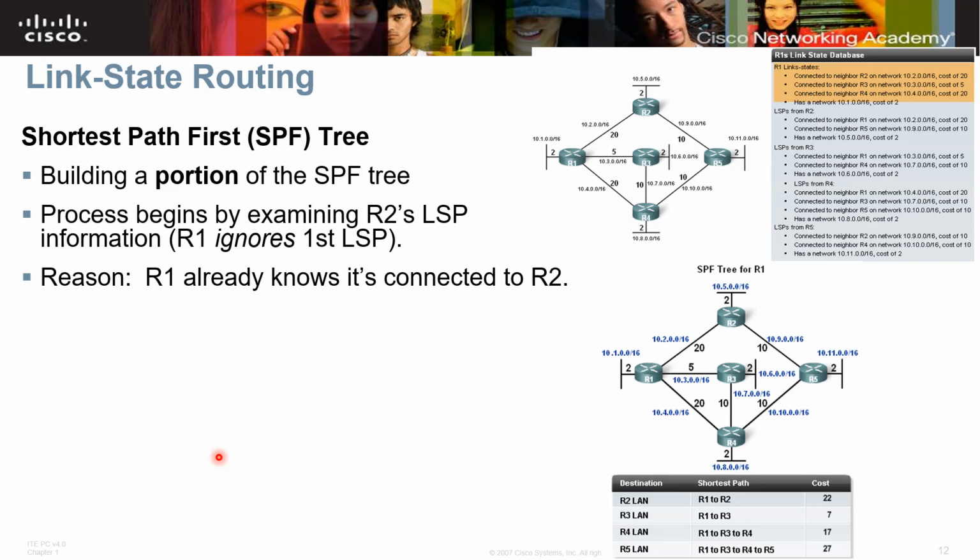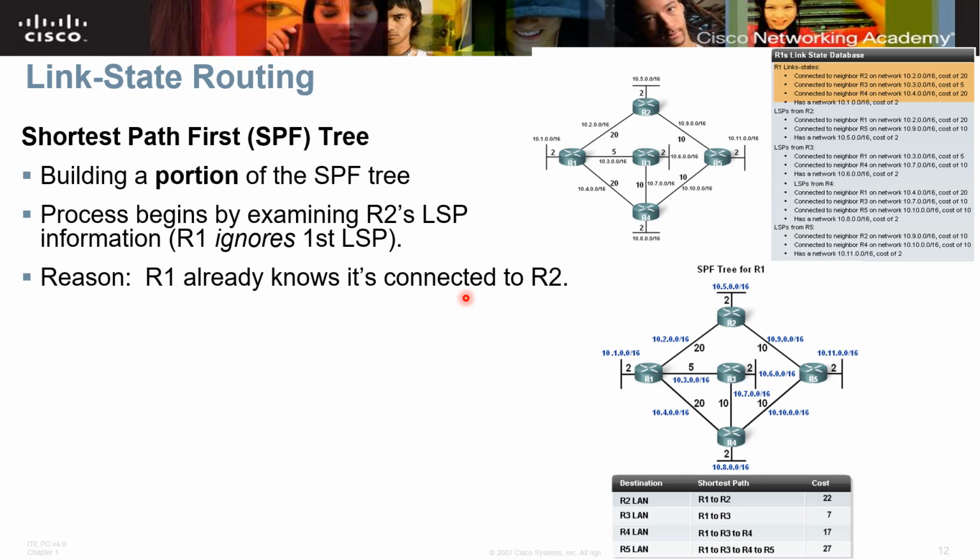After building the database, we run the shortest path first algorithm and build a shortest path tree. This process begins by examining R2's information.